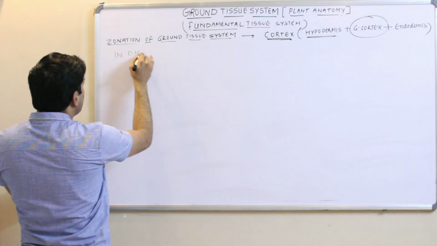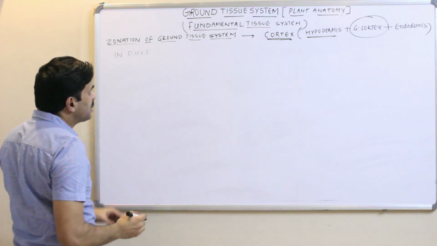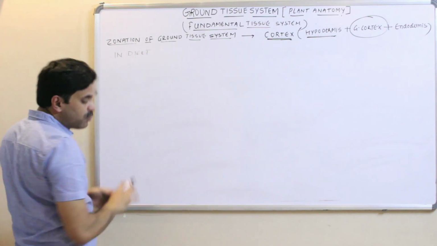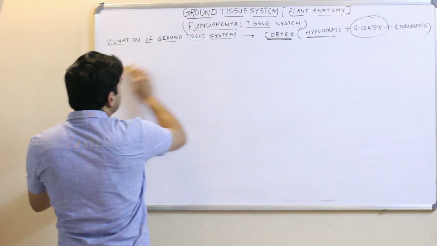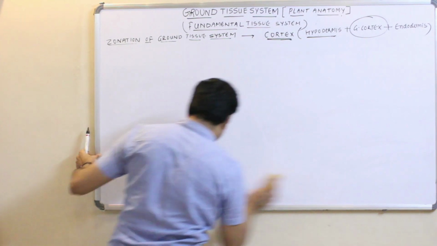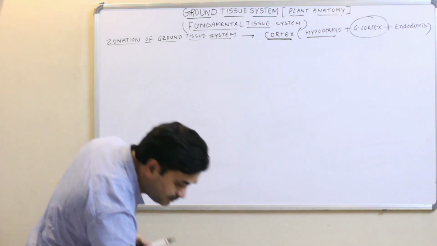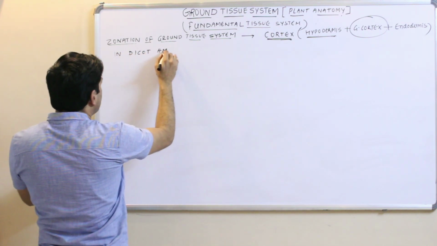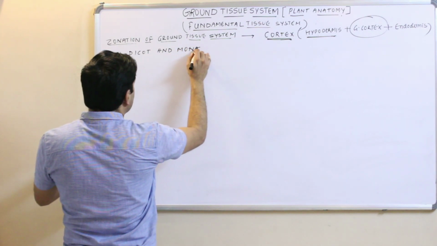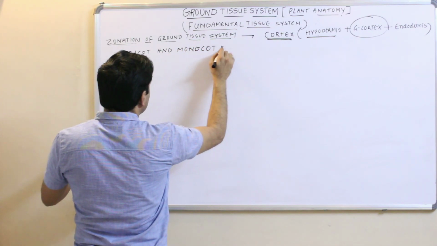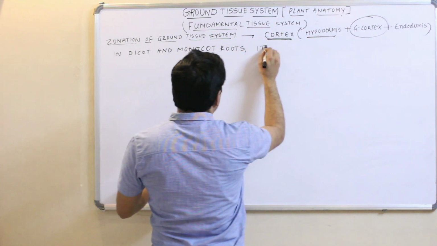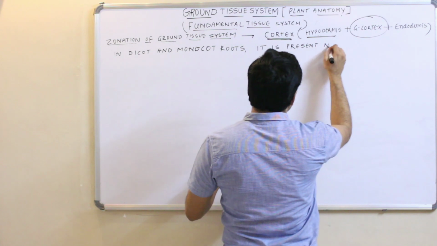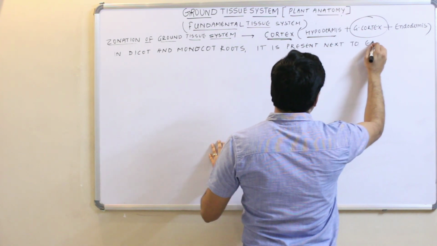So in dicot and monocot root, it is present next to epidermis.